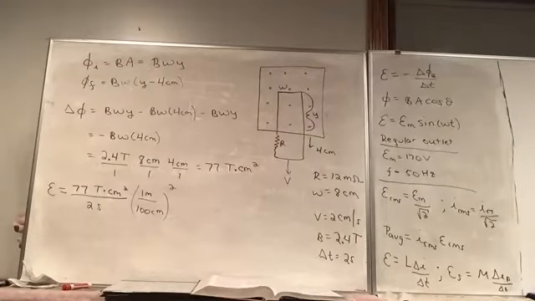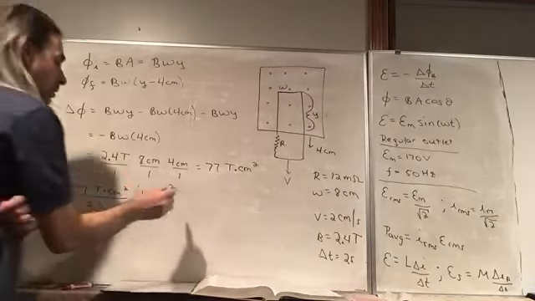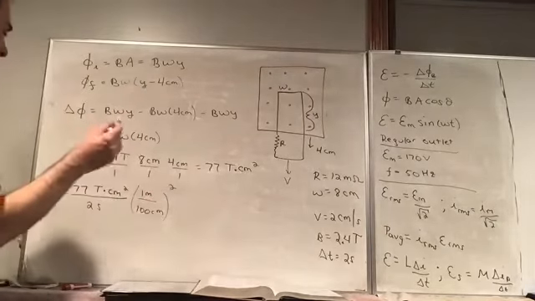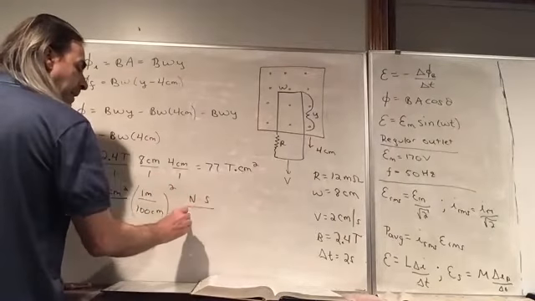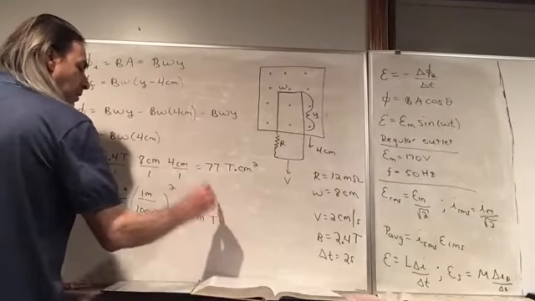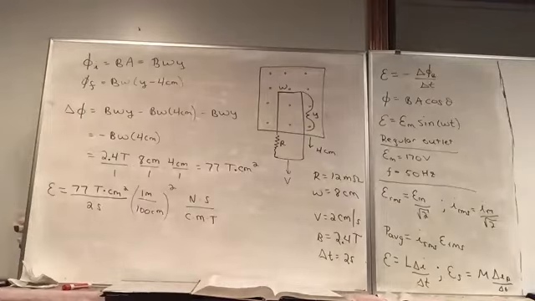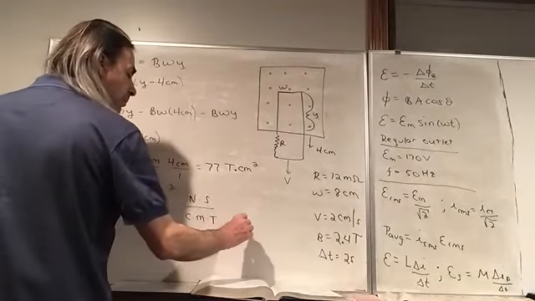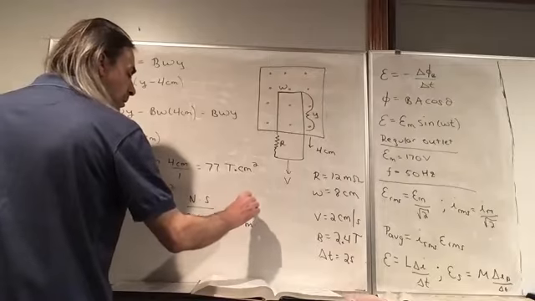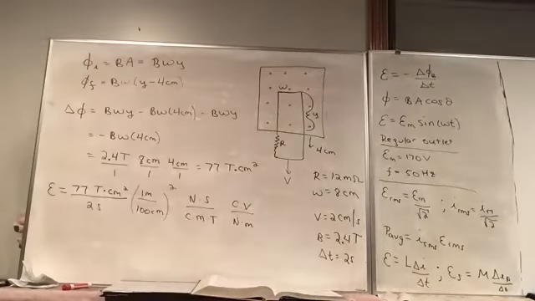Now, to get volts out of this, let's see. We have Teslas. I want to get rid of that. A Newton times a second is a Coulomb times a meter times a Tesla. And a Newton times a meter, so like a joule, is equal to a Coulomb volt.